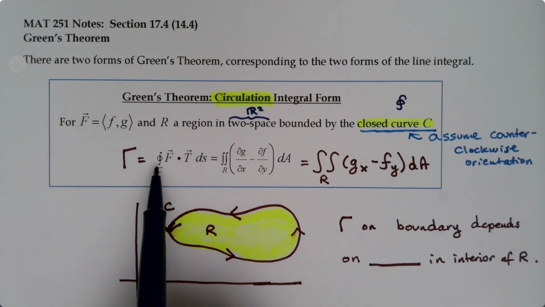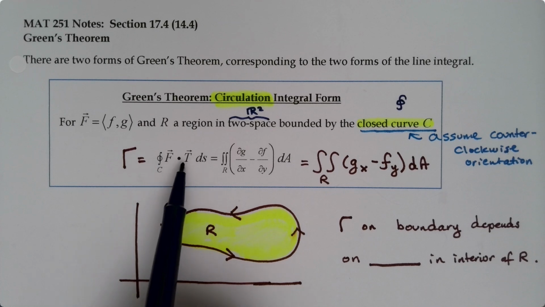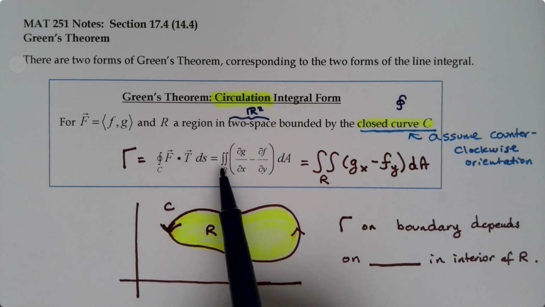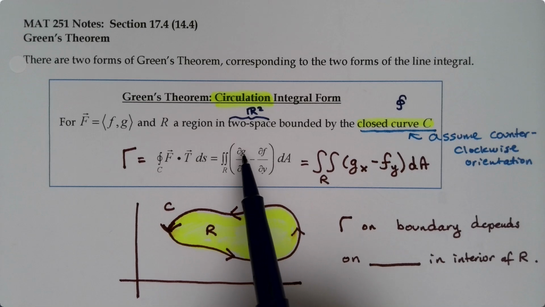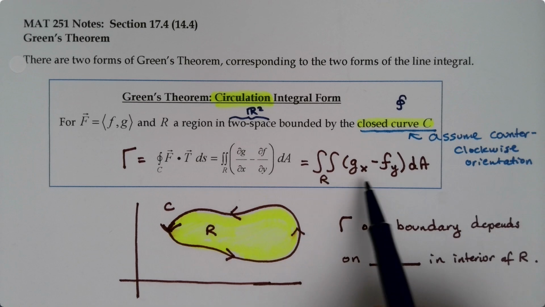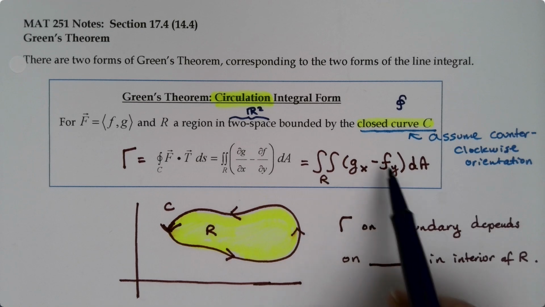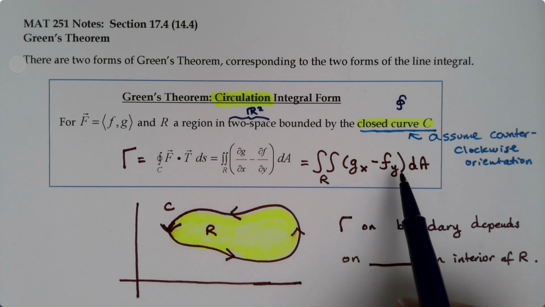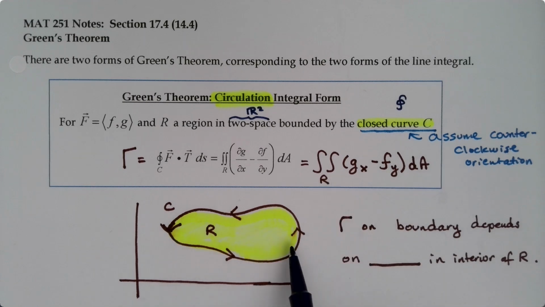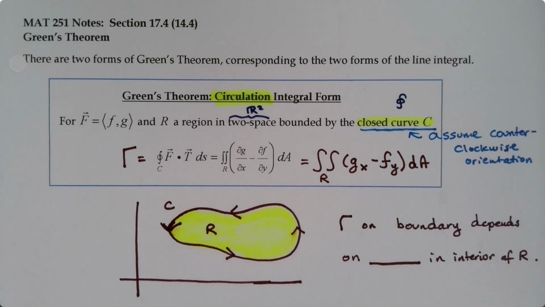All right, so you're going to take the integral of F dot T, T being the tangent vector, ds over the arc length, and that's equal to the double integral of the partial derivative of g with respect to x minus the partial derivative of f with respect to y, which I wrote here, g_x minus f_y. I think that's just an easier way to write it. And it's a double integral because you're going to be integrating over the region because it's a closed region, which we have not always had up to this point.